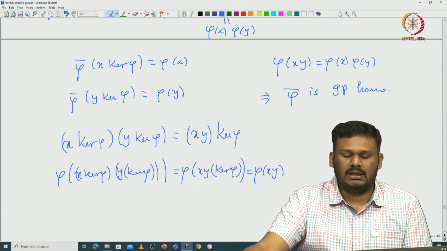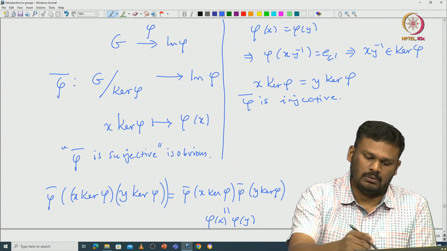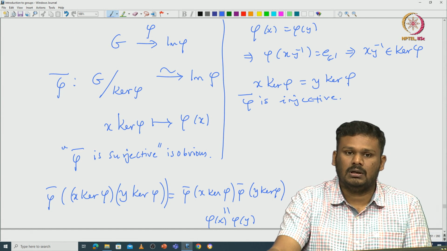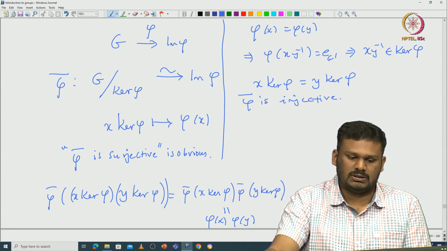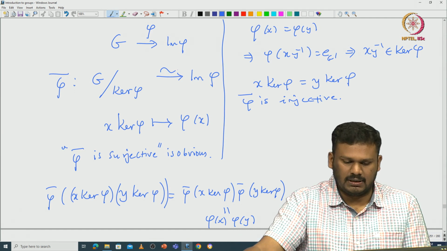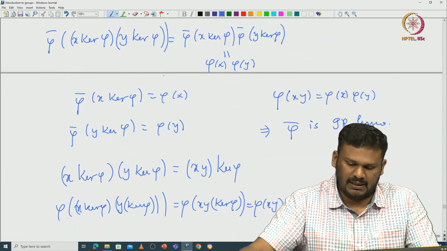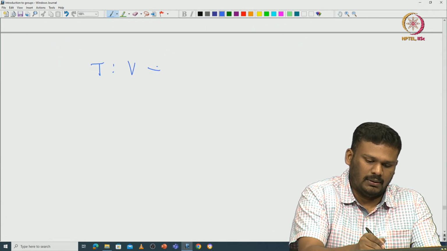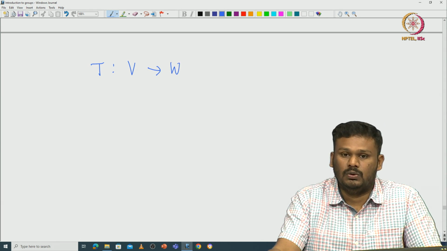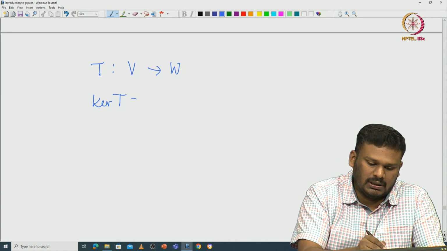Okay. So we established a group homomorphism which is also an isomorphism between these two groups. So G modulo the kernel must be isomorphic to the image. This is something you must have seen in linear algebra. If T is a linear map from V to W, where both V and W are vector spaces, then we can define what is called the kernel.